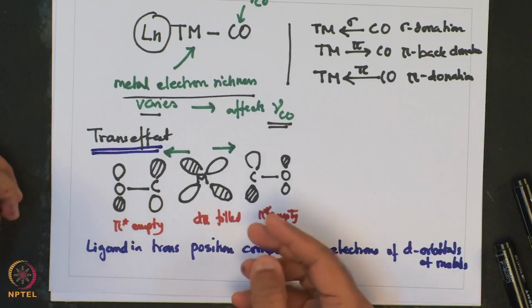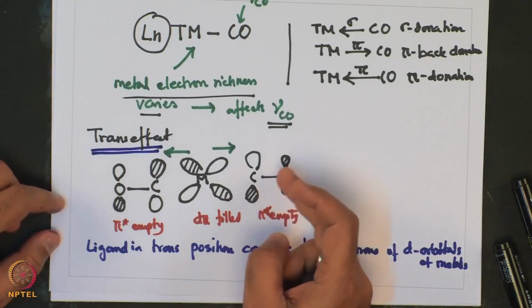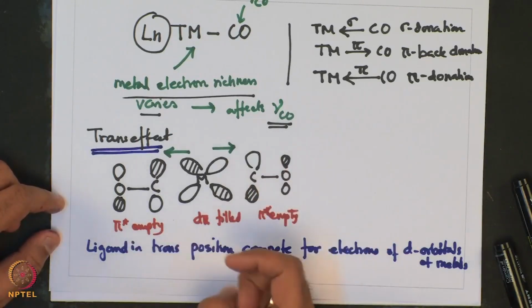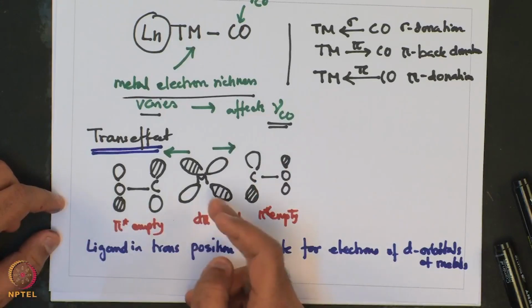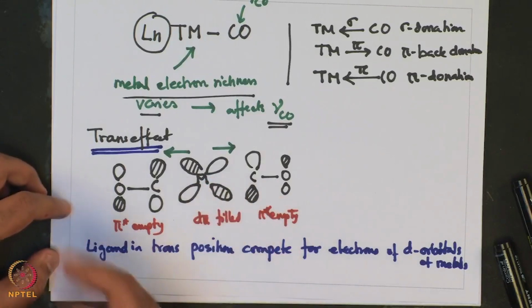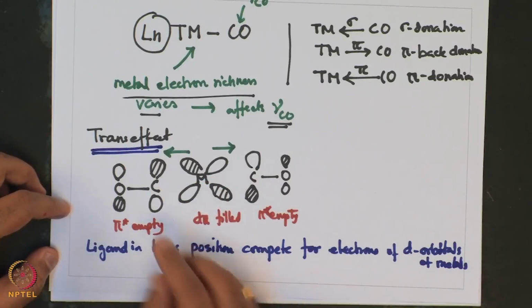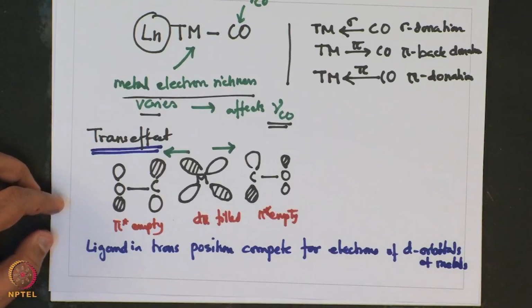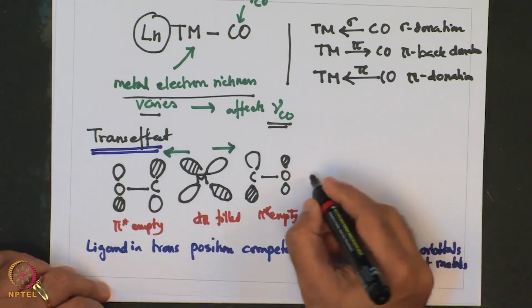One can imagine that this trans ligand, instead of being a CO, can be another ligand which can compete for the electron density of the metal bound trans to the carbonyl moiety, and this is explained through this diagram.